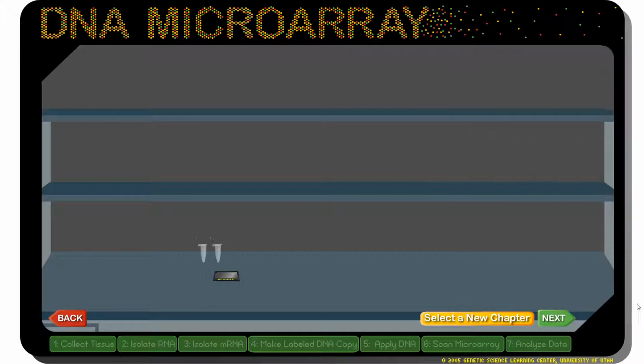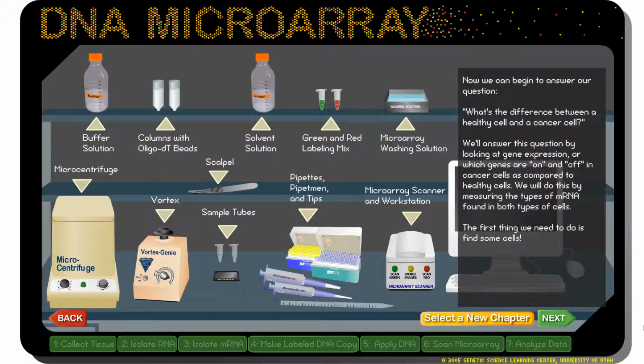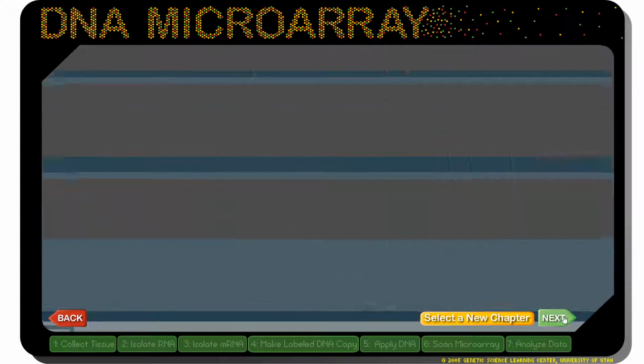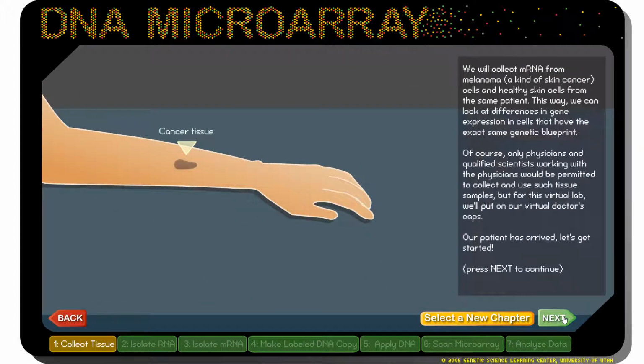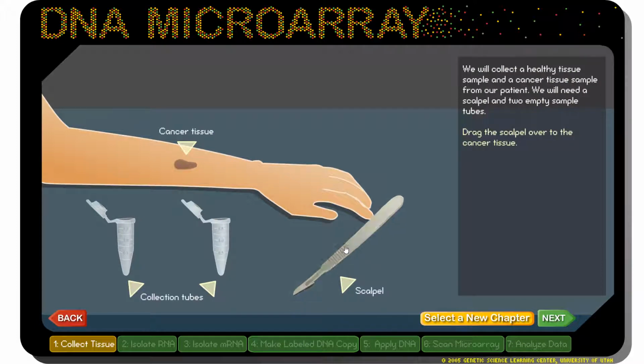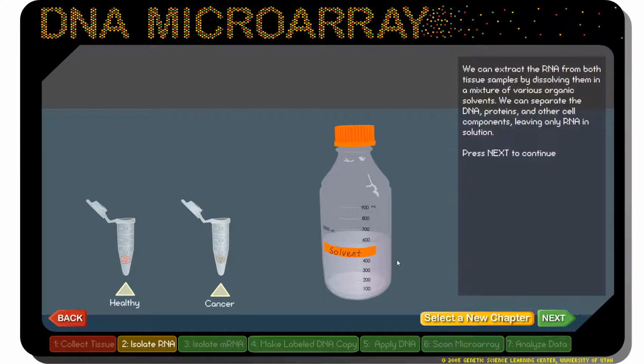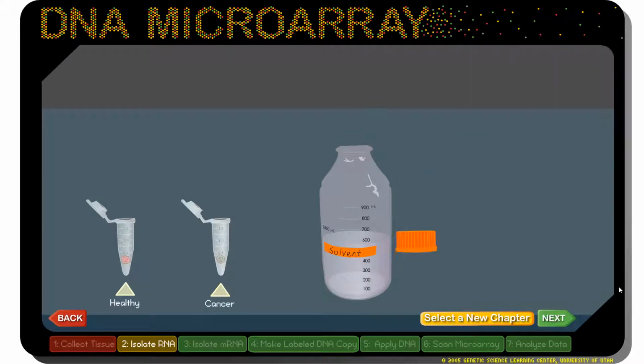Let's have all this necessary equipment and reagents ready. Let's collect a cancerous tissue and a healthy tissue. Next is to break the cells to release the RNA and other cell components using solvents.